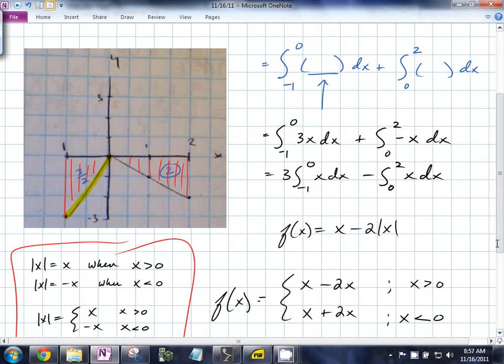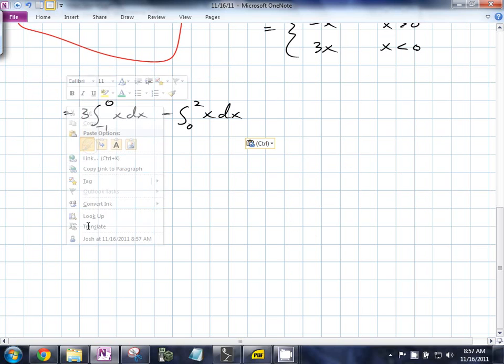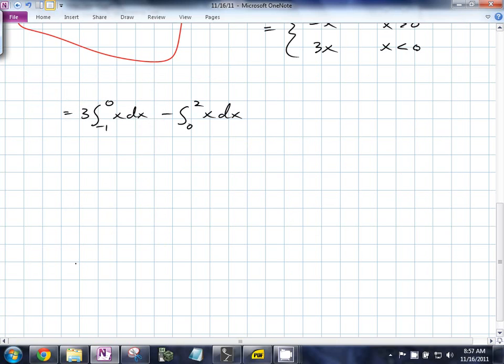So let's take this. I'll just skip down for a second. Right here. What's the integral of x? 1/2 x squared. So this is 3 times 1/2 x squared evaluated from -1 to 0 minus, what is it? Same thing, 1/2 x squared from 0 to 2. Oh, the dx is gone. Yep, correct.